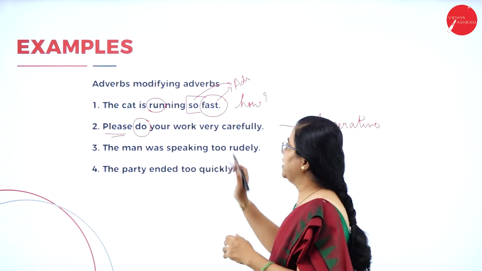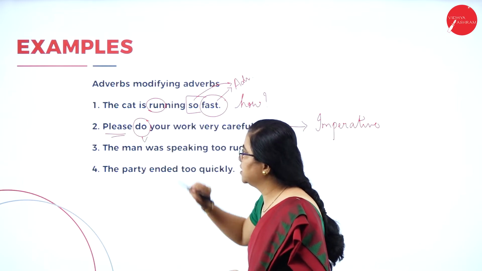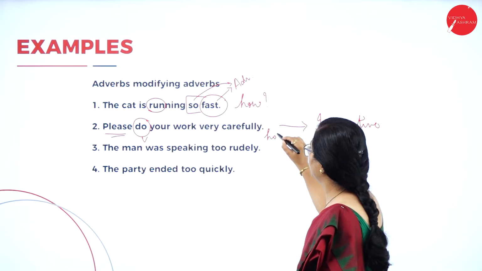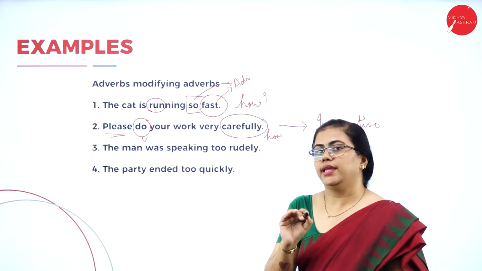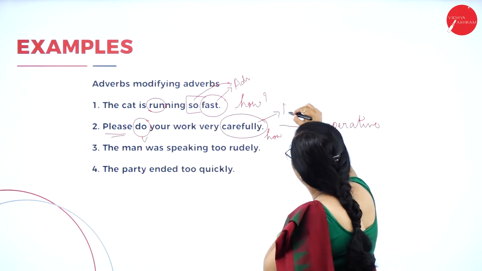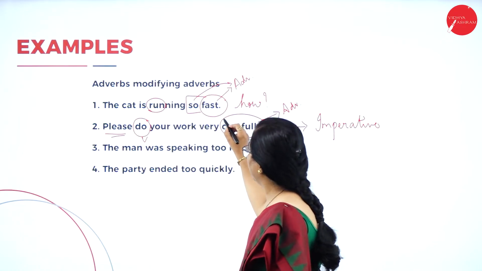Coming to this, do your work. Do is the verb in this sentence. How should you do your work? You should do your work carefully. So it is telling us about how the work is done. So it is called an adverb. Then, how carefully should we do?